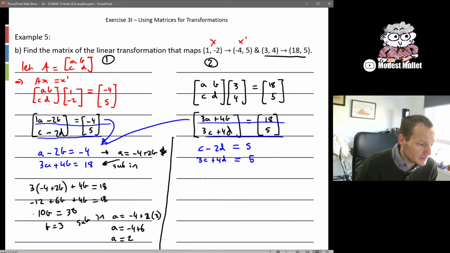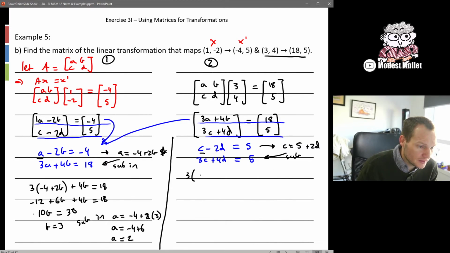So, same thing, I've got c minus 2d, so I'm going to rearrange that. I get c is equal to 5 plus 2d. And I'm choosing to rearrange them because I've got a variable by itself. It's got a coefficient of 1, which means that it's then really easy to substitute. I'm then going to be able to substitute this back in.